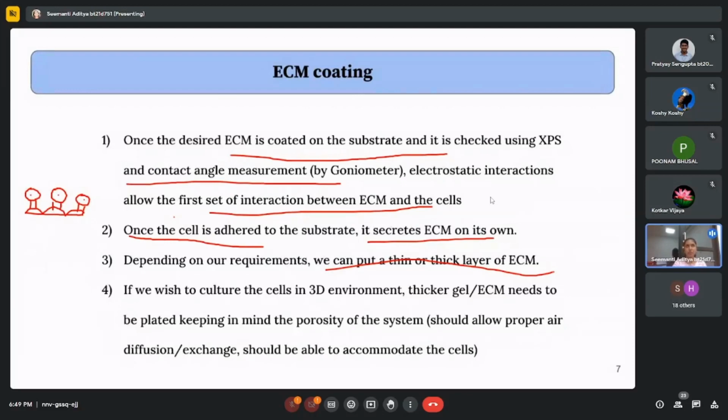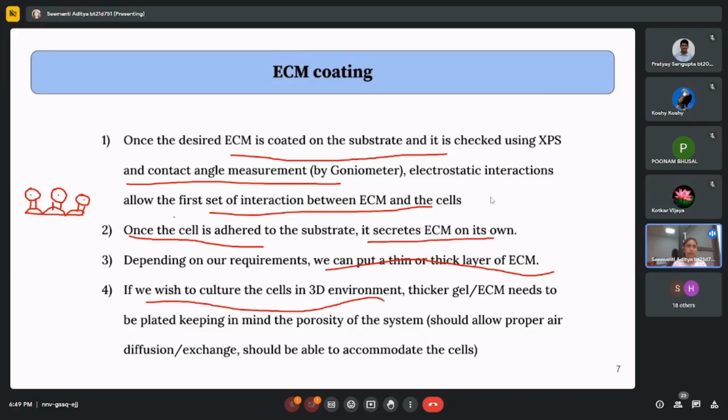But if we want to see characteristics like cell migration, or how the cells are in physiological condition and how drugs are affecting the cells, then cells can be grown in a 3D environment. In a 3D environment, the ECM spread on the surface of the substrate needs to be thicker, and that thickness depends on what cell type we are working on.